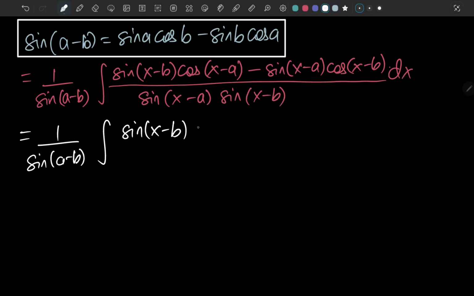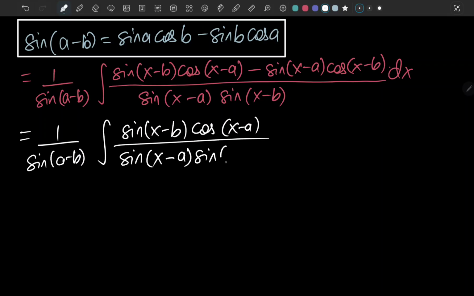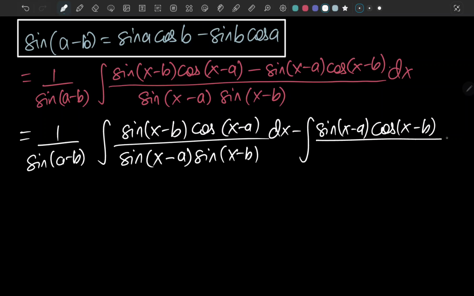Sine of x minus b cosine of x minus a over sine of x minus a times sine of x minus b, dx, minus sine of x minus a cosine of x minus b over sine of x minus a times sine of x minus b, dx.